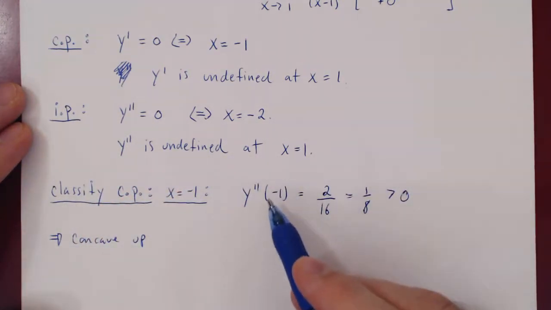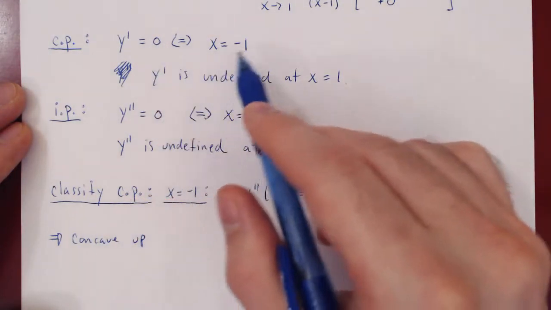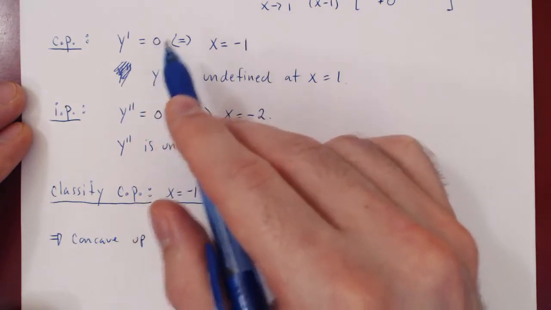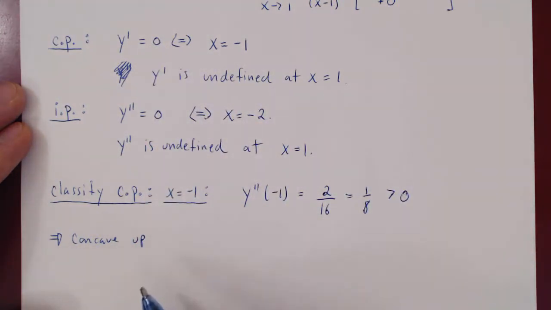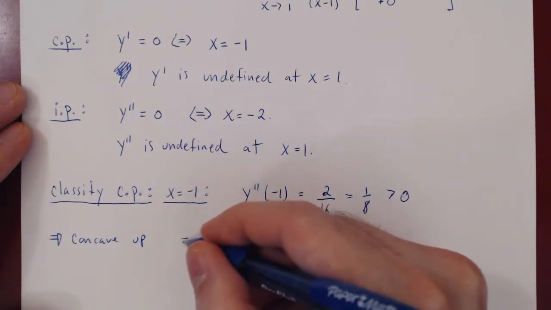And because x equals negative 1 was a point for which the derivative was 0, at x equals negative 1 the curve is flat. And because it is concave up and the curve is flat, we must be having a local minimum.